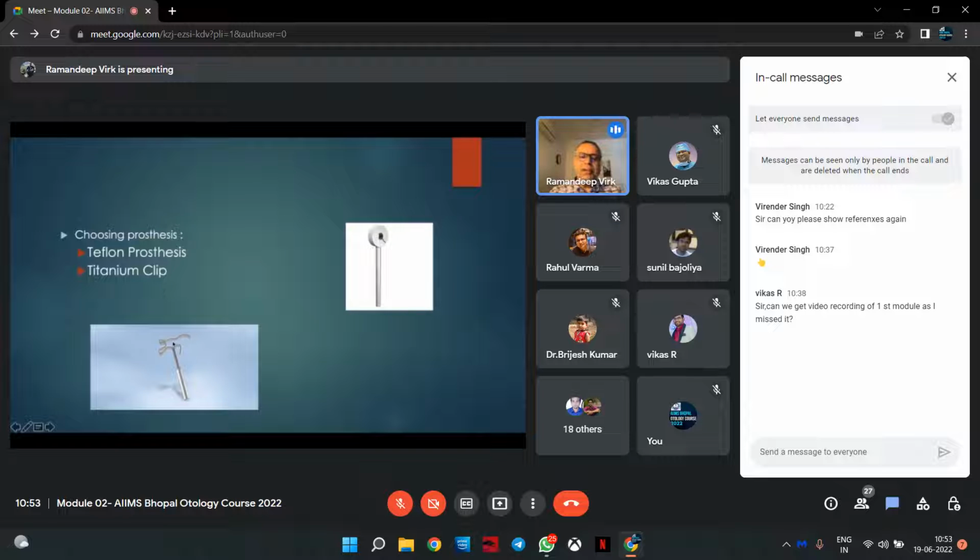Once that is done, you use a pick, engage the pick in the posterior part and push the titanium prosthesis onto the incus. I have found this easier to work with, but that being said, the results of the two prostheses are not any different. So when you start doing your stapes surgeries, choose according to whatever you are more comfortable with.